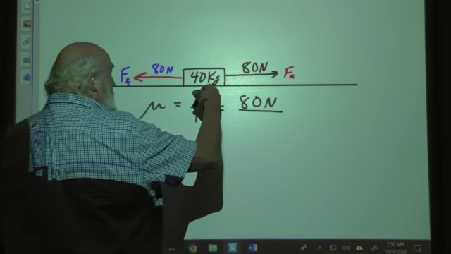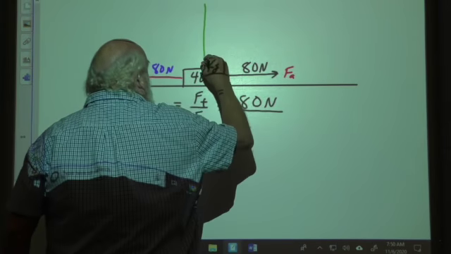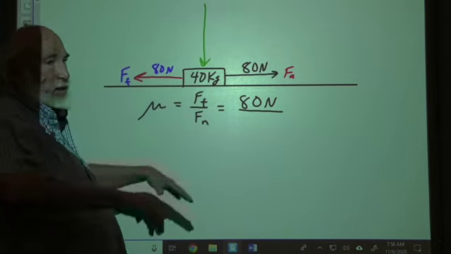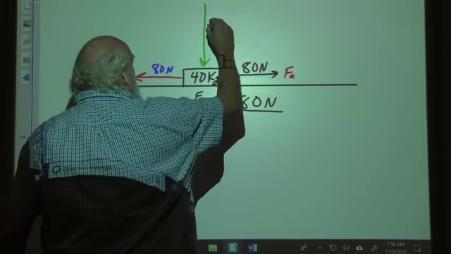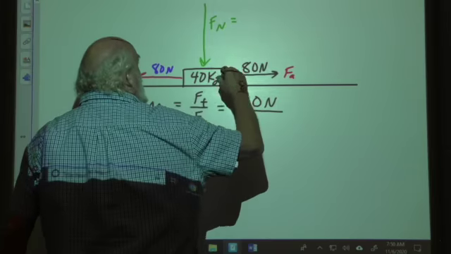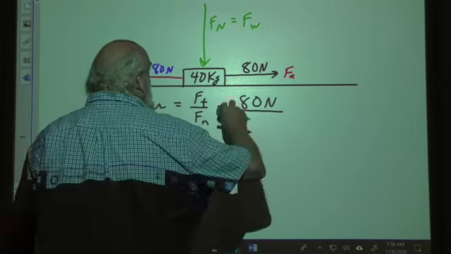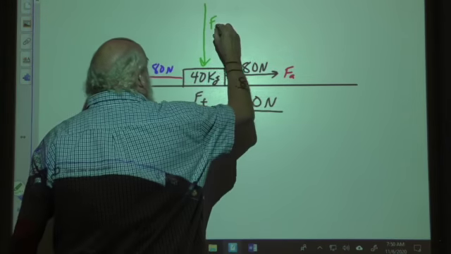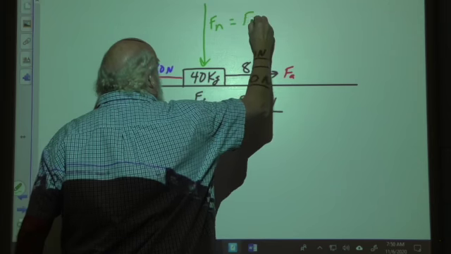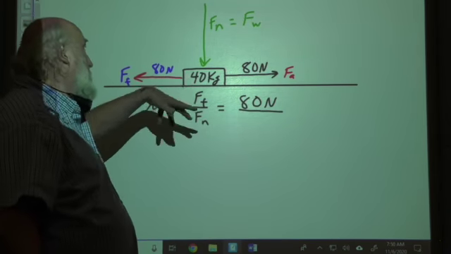Now the normal force here is the gravitational attraction, because this is not on an inclined plane, it's just sitting there flat. So that means then that the F of N is equal to the F of W. Again, I keep using that capital N because that's a habit I got into. Rewrite that. F sub N equals F sub W. Because I don't want people thinking that somehow that's involving newtons at that point.